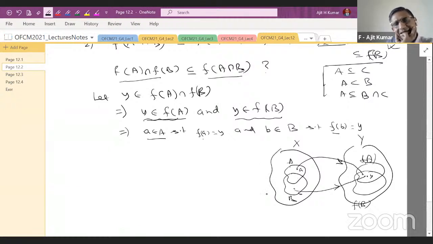Can we conclude that a is equal to b? If a is equal to b, then this a will lie in A intersection B, right? If a is the same as b, then it will be in the intersection.